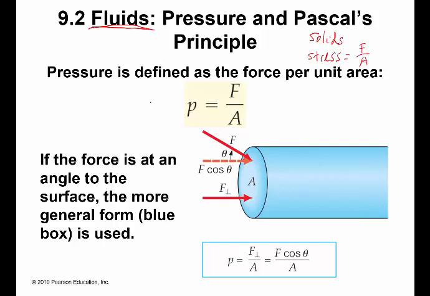Because it's a solid, we call it stress. For liquids or fluids, we have the same equation, but this is a measure of pressure. Because liquids can more easily deform, we have a different terminology to describe something that's a little different happening.